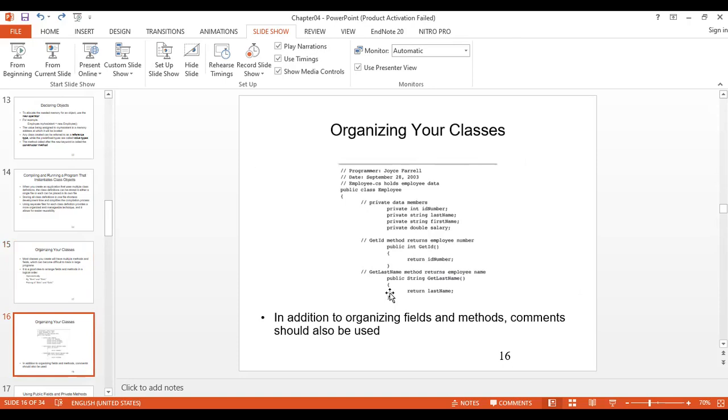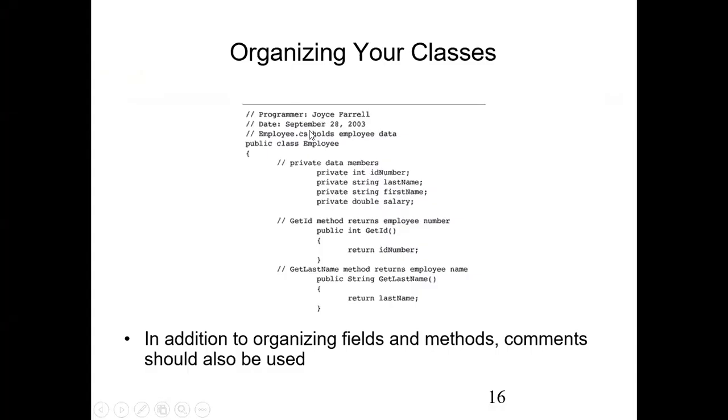So for instance, let's look at the class that I have here. I have a class called Employee, and then I have private data members. So I have private int ID number, last name, first name, as well as the salary.